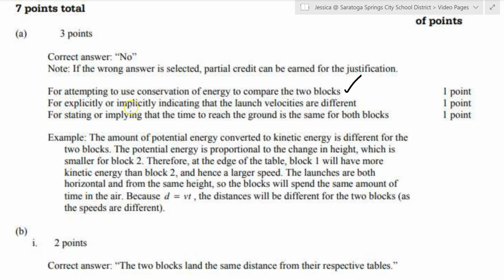For explicitly or implicitly, so implicitly means you imply that they have different launch velocities, or you explicitly say they have different launch velocities, I talked about having less kinetic energy and therefore less speed. So I got that point. For stating or implying that the time to reach the ground is the same for both blocks, I definitely did that because I listed everything that was the same in the beginning. So I got all 3 points for this initial problem.